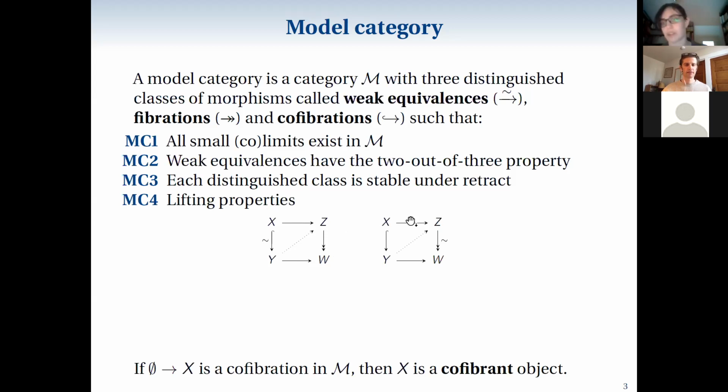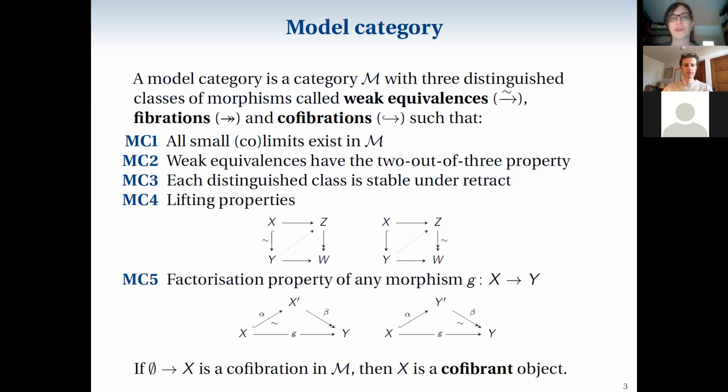At the same time, anytime I have a fibration which is also a weak equivalence, it has the right lifting property. So once I choose, for example, weak equivalences and fibrations, I'm forced in the choice of cofibrations by this lifting property. We will see that later.